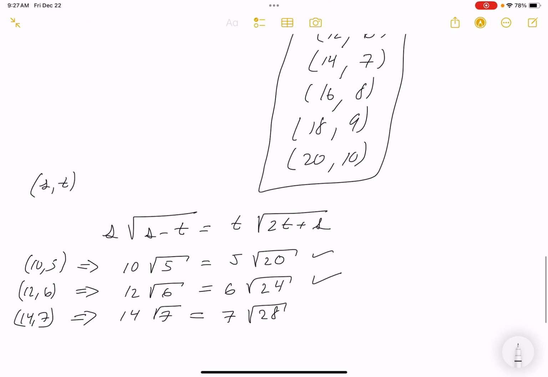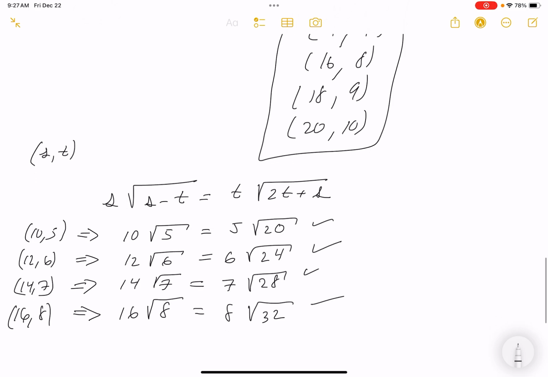Yeah, it looks good. All right. Let's do the next one, 16, 8. What do you get there? 16 minus 8 is 8. And that's going to be 32, right? Again, the 4 is there. The square root of 4 is 2. 2 times 8 is 16. Looking good. Everything looks really nice. Nice and easy to verify, too.